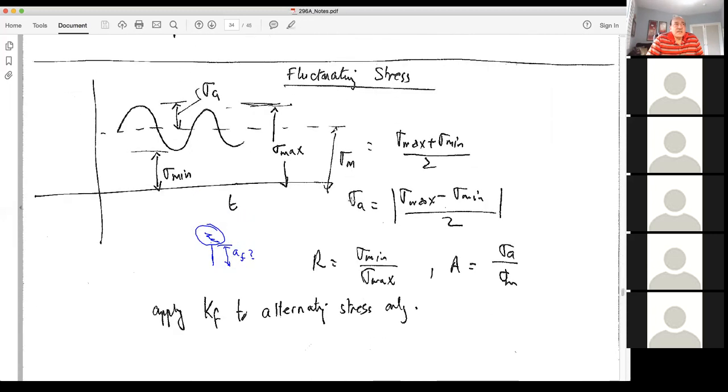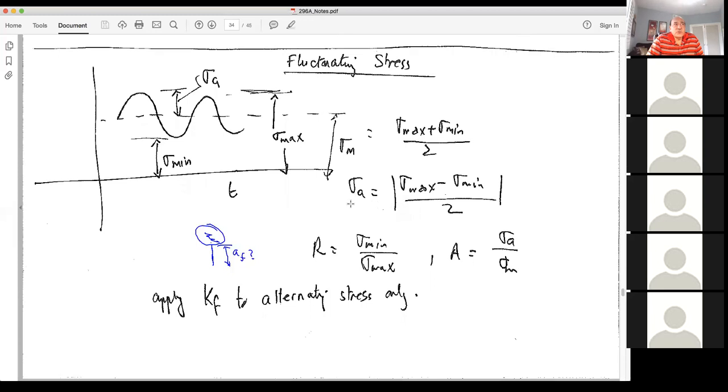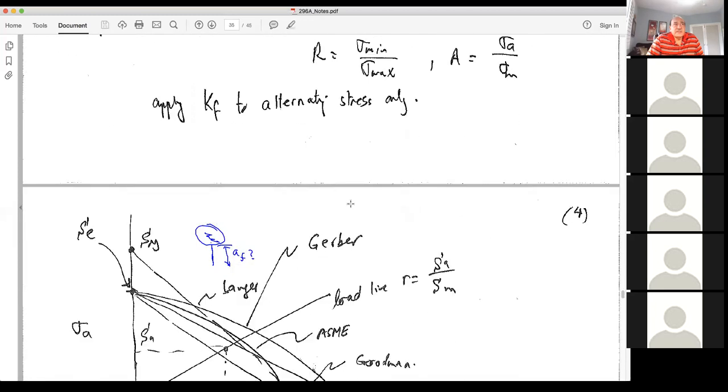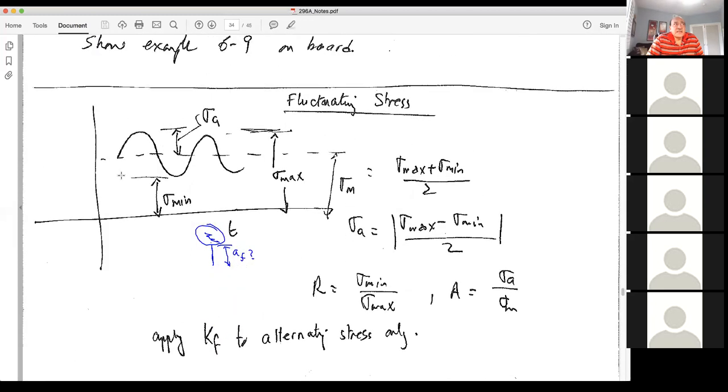So now I will shift to what happens when we have a stress that is not with a zero average, so a stress that has a shift.